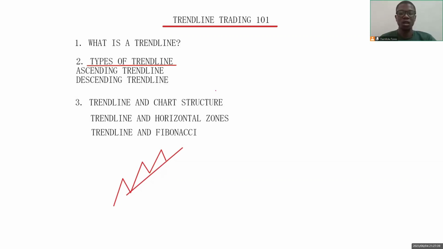Okay, so at this point where price is, we know clearly that once price gets to the trend line, it reacts. We know clearly that price comes to this trend line and reacts and rejects. We know that, okay, we are going to buy price again to the top side.